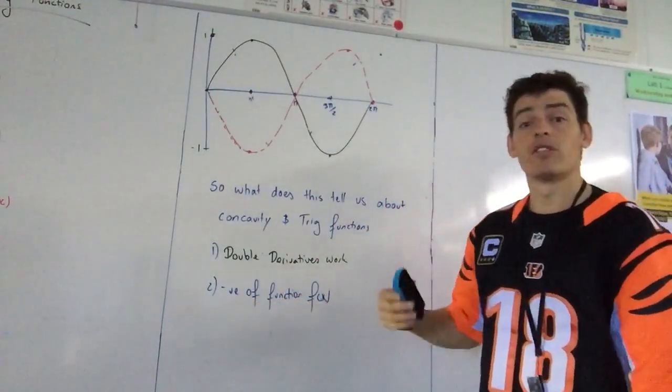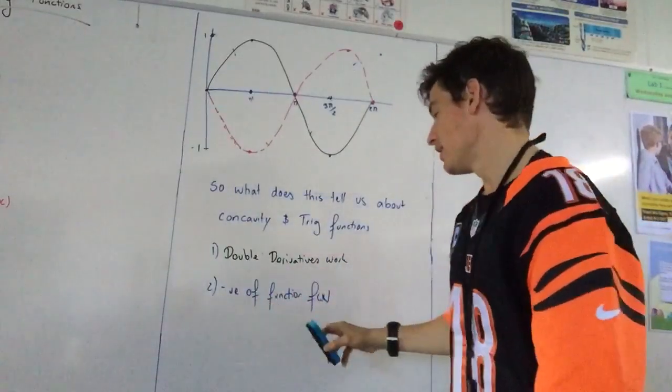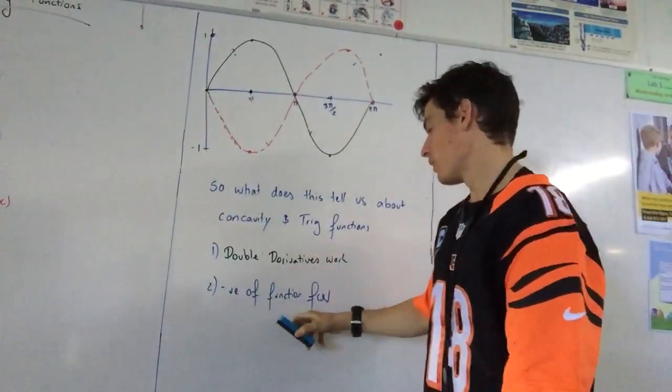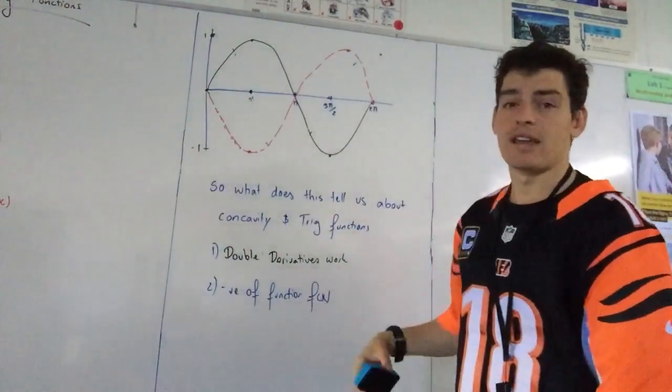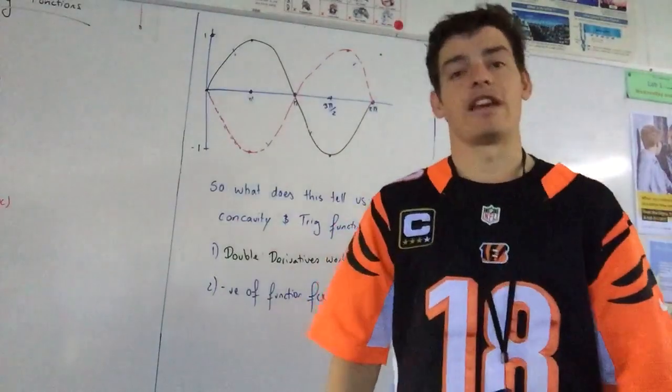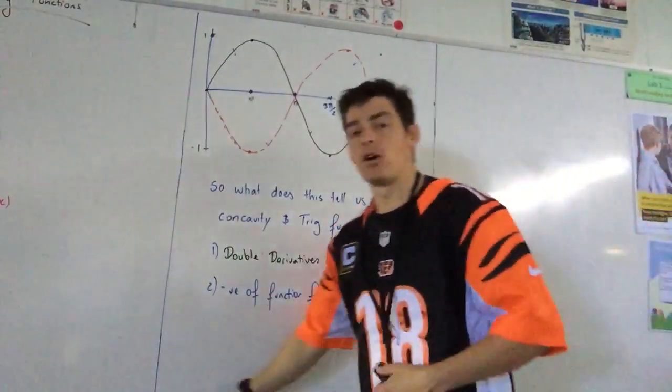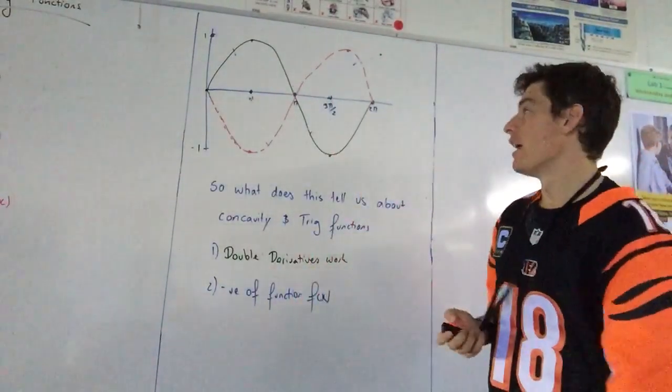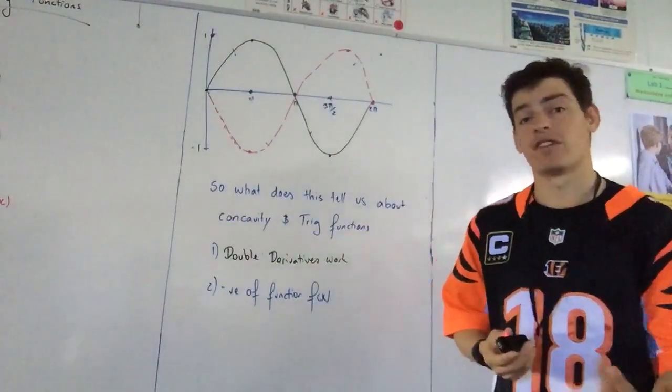A little trick for our trig functions is that by nature, whatever our function f(x) is, we're going to get the negative of our original function f(x) as our double derivative. Hope that helps. It's a good conceptual reminder. Hope that helps you get your head around the idea of trig functions and concavity.